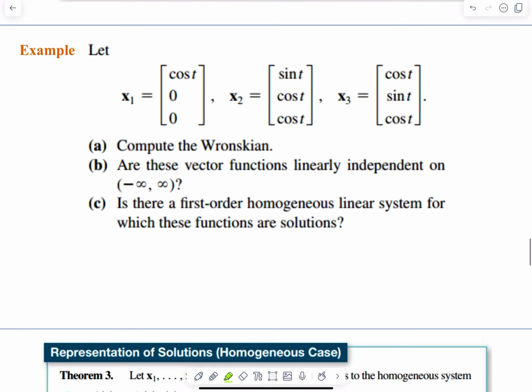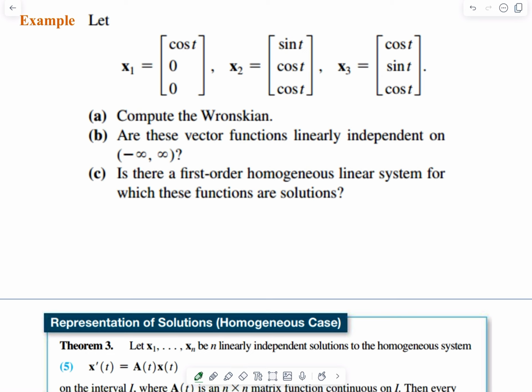Okay, so here in part A, we have the Wronskian with cosine of t, sine of t, cosine of t.